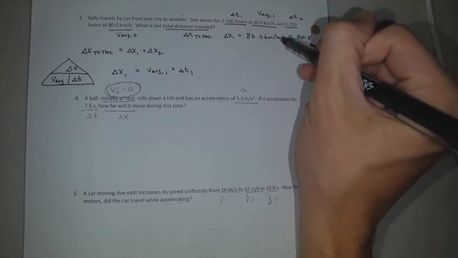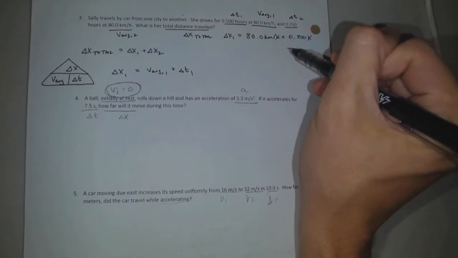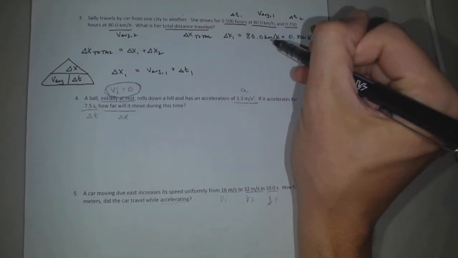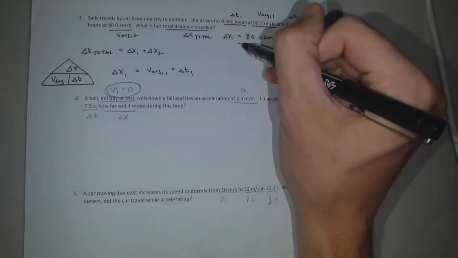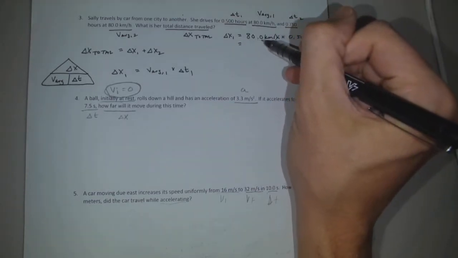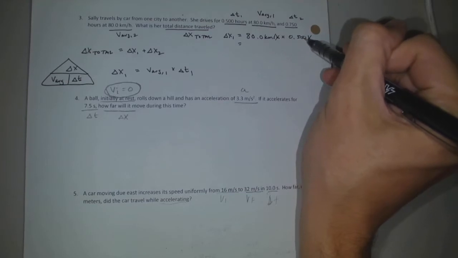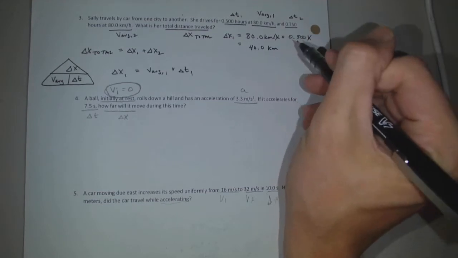So hours on the top and hours on the bottom cancel out. I can see that our units are going to be good. Kilometers. Okay, 80.0 times 0.500. 3 significant digits times 3 significant digits. So that's going to be 40.0. What's our unit? Kilometers.